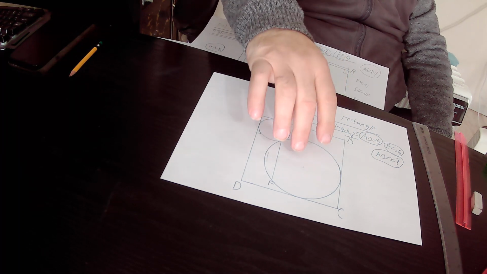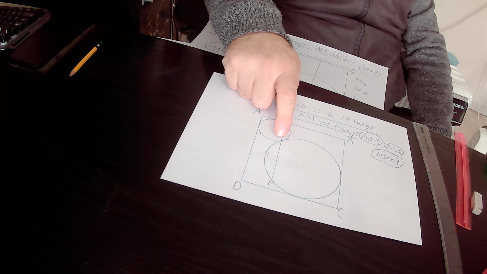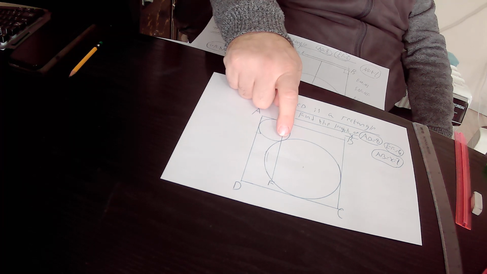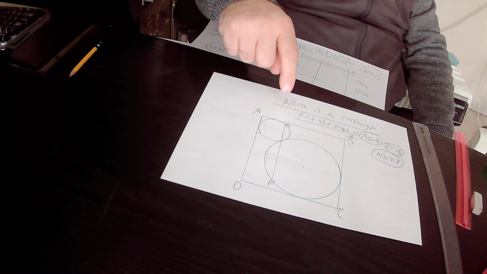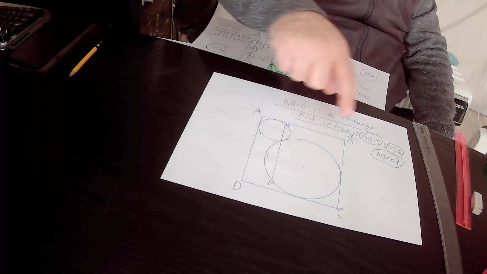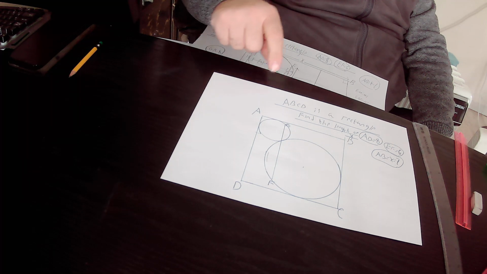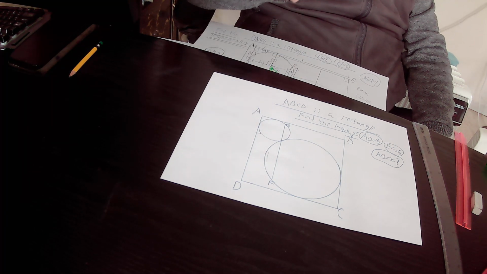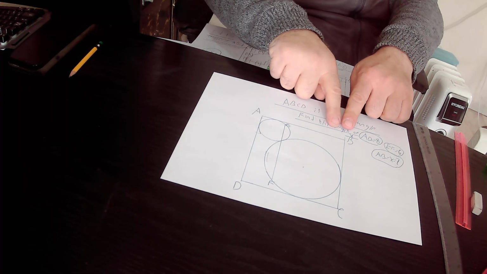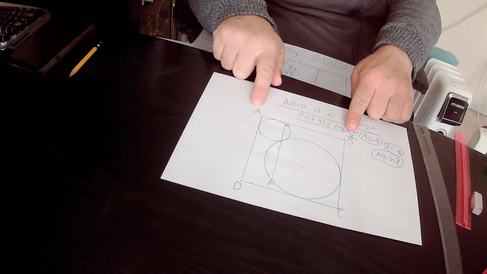Inside this rectangle we have those two circles that touch each other here, at their point of tangency. In addition, we know that line segment EF equals 6 units in length, and line segment AD equals 8 units in length. Again, our mission is to find the length of line segment AB, which is equal to x.